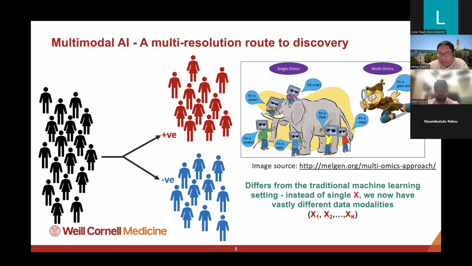But with multi-omics, the hope is that we can take a broader lens that will give us a comprehensive view of the elephant. In this case, obviously, that is any biological outcome or biological phenomenon of interest.